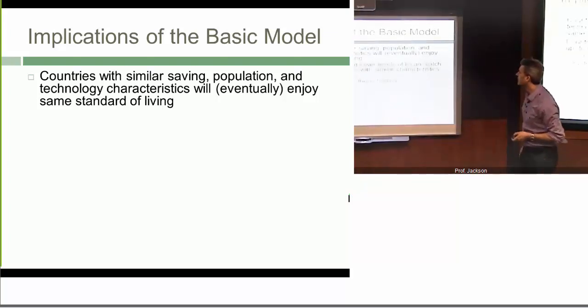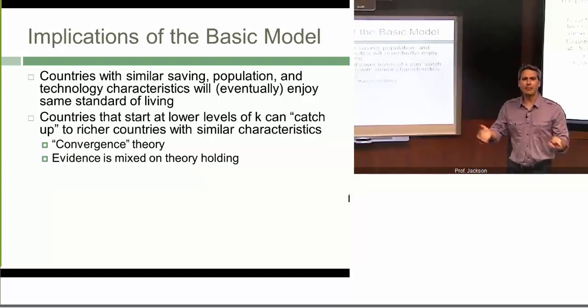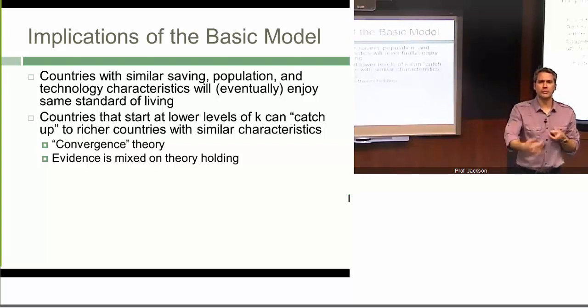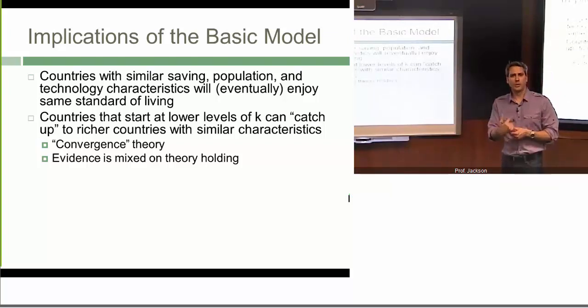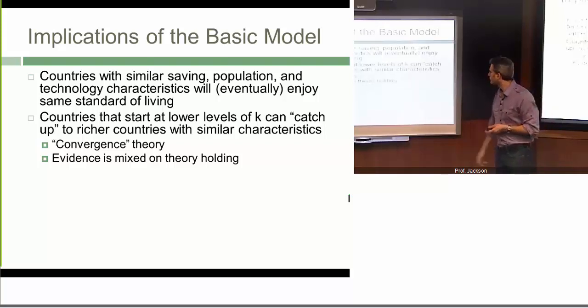That's what that means. And so really the implication is that countries with differing levels of capital to begin with, but similar characteristics otherwise, the lower level of capital countries, that is the poorer countries, should catch up to the rich countries and eventually will enjoy the same standard of living.